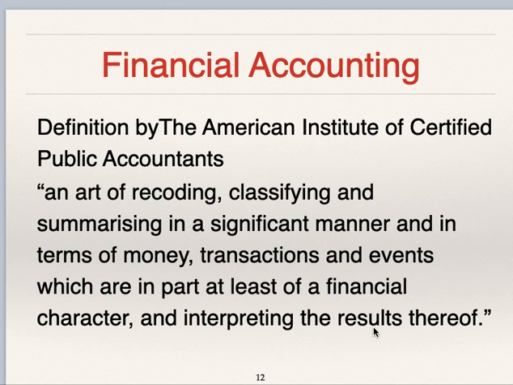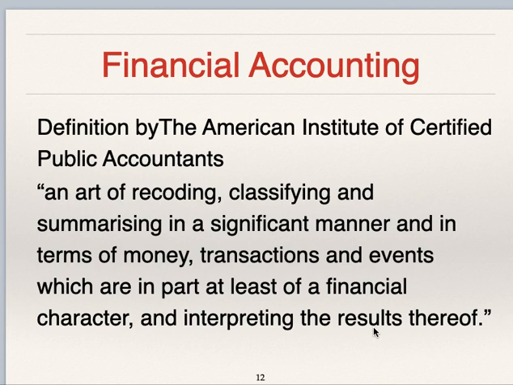So, in short, what is given here? Recording of business transactions in significant manner, only monetary transactions, transactions expressed in terms of money only are recorded. And why it is recorded?